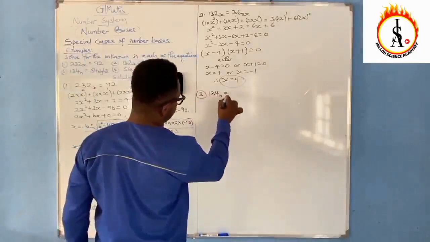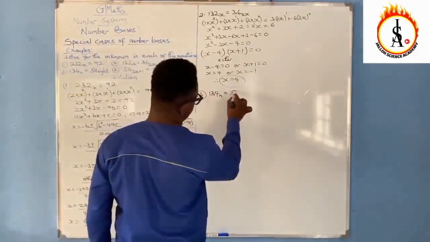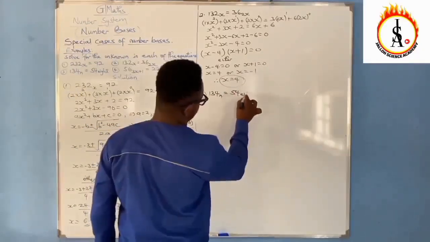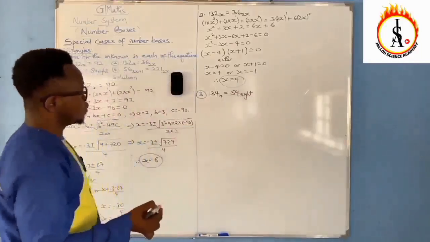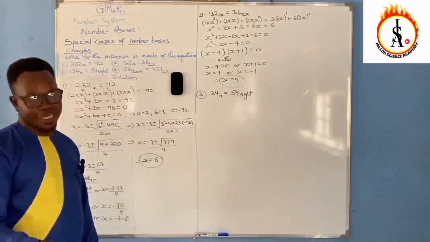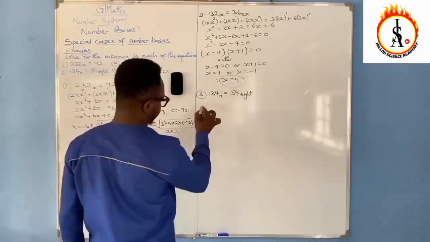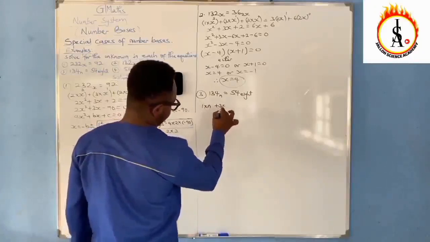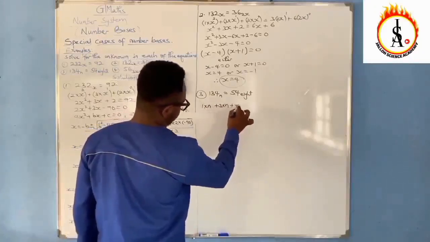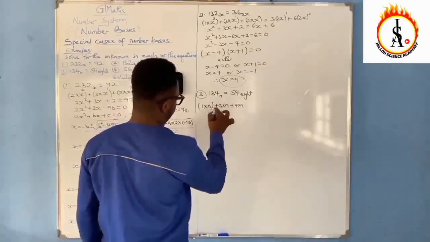134 in base n is equal to 54 in base 8. So similarly like we did for the previous examples, we're going to convert these to base 10, each of them. 1 multiplied by n plus 3 multiplied by n plus 4 multiplied by n.